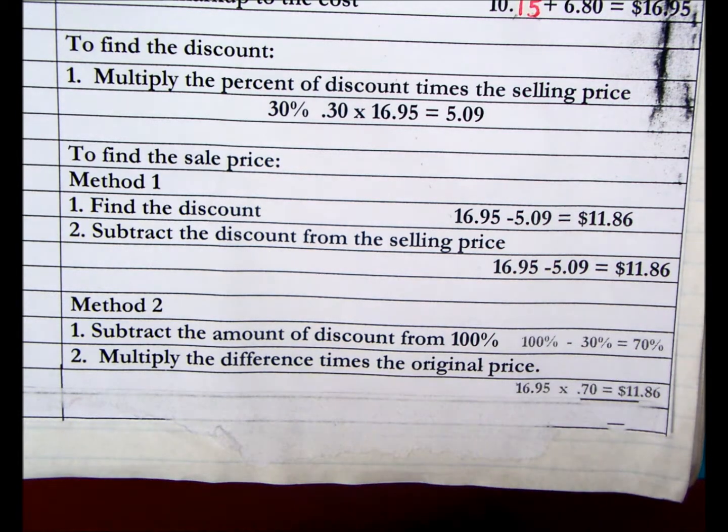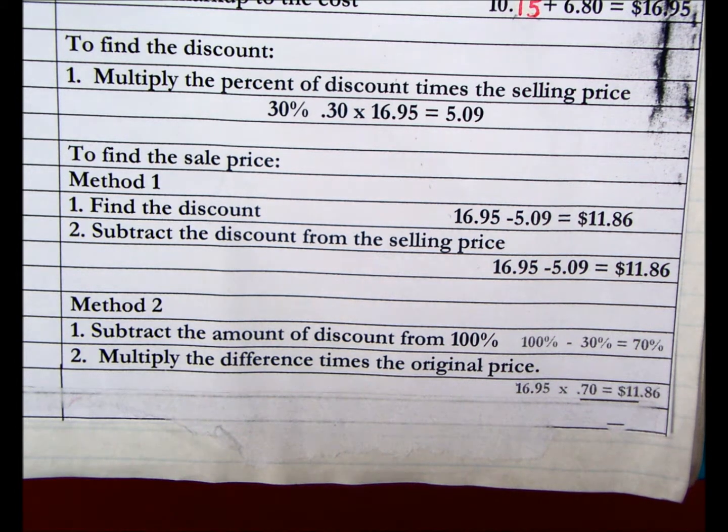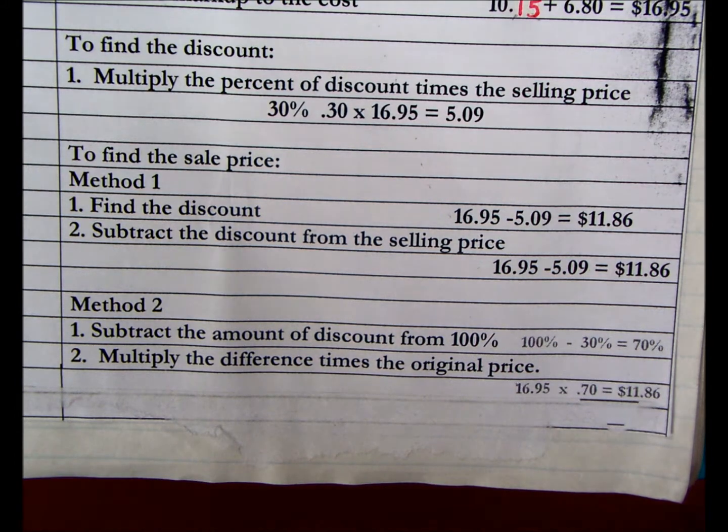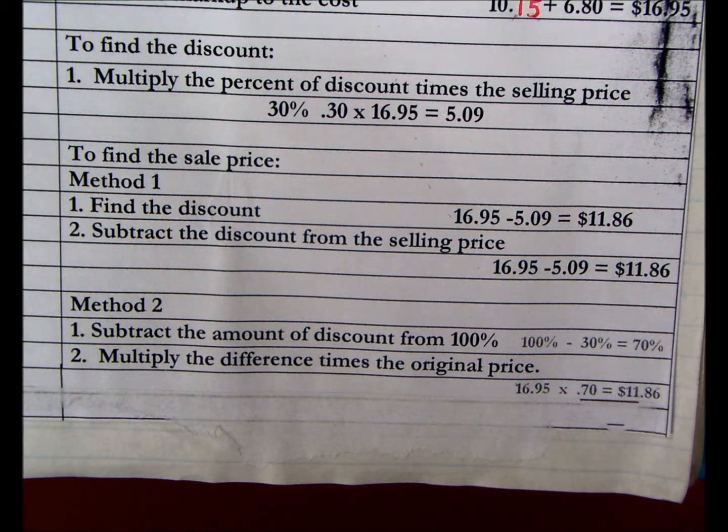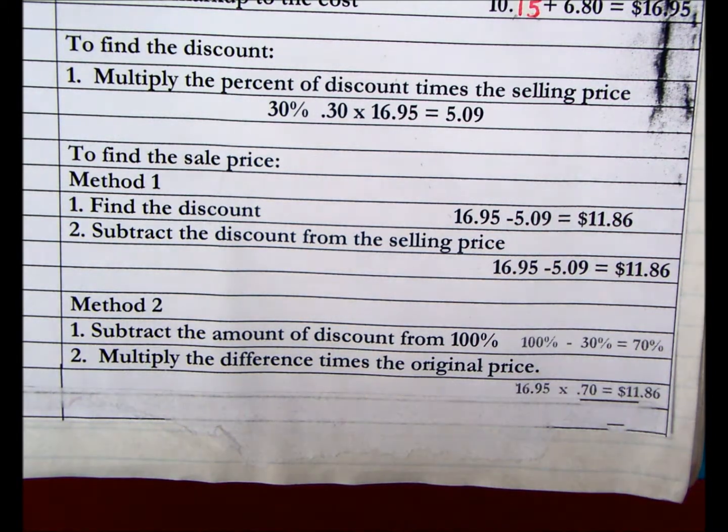Okay, so that was the first method. Now let's look at the second method. In the second method, you do the subtraction in your head. You start with the percentage. We know that percentage is based on 100. So if you're going to have a 30% discount, it means you're going to pay 70% for the item. So what you can do is subtract 30 from 100 in your head, and then you know to multiply times 70%.